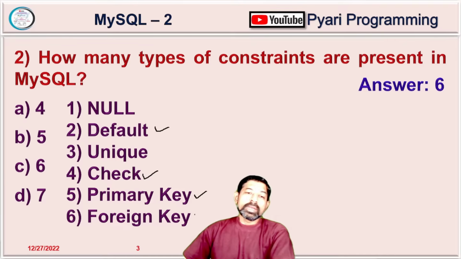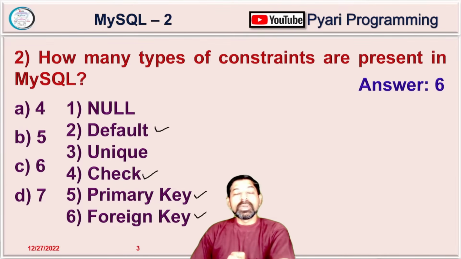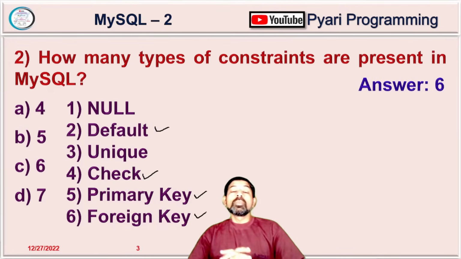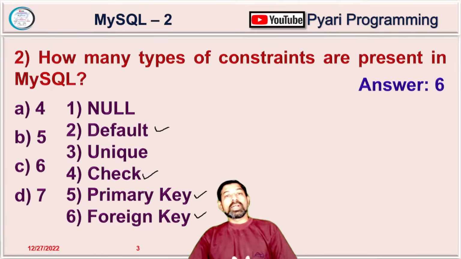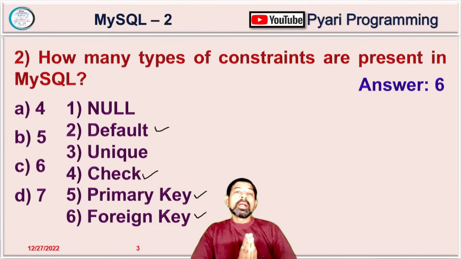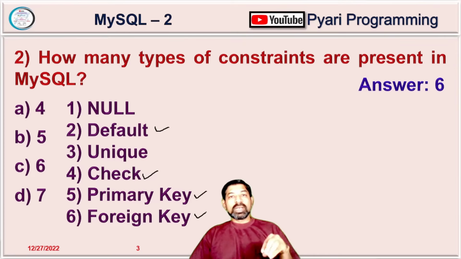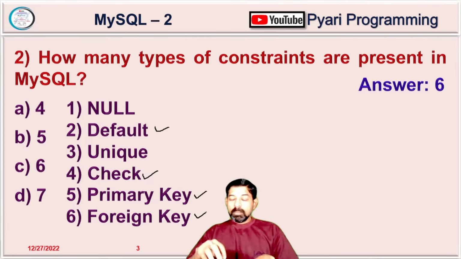Next is your foreign key. Foreign key is going to be linked or have a relationship with another table where the primary key must match with the value of the foreign key.